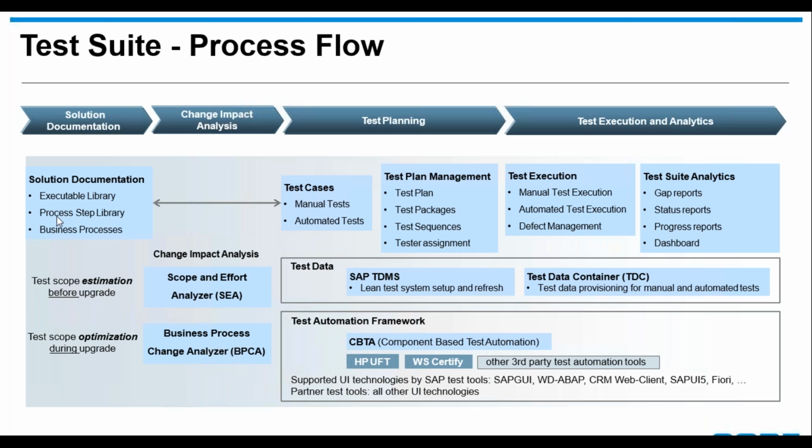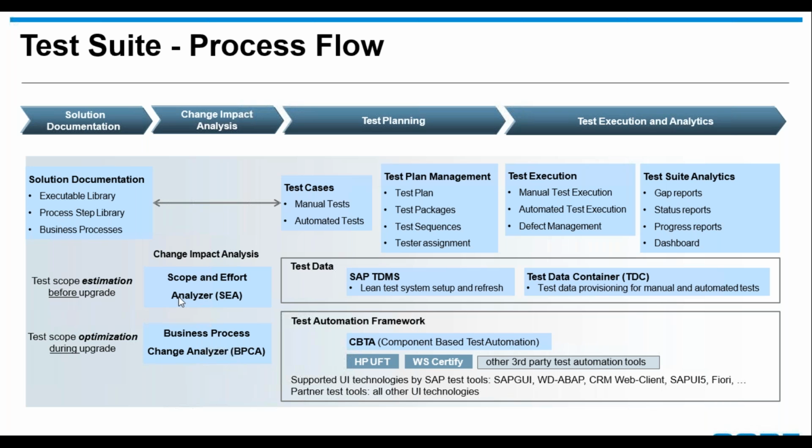The big issue with test cases is that an enhancement pack is huge, and it takes a lot of time and effort to find out what needs to be tested. What's going to be in scope? There are a lot of things in an enhancement pack. You have to figure out what your impact is. That's what Scope and Effort Analyzer is about.